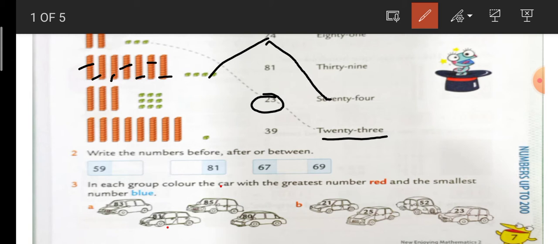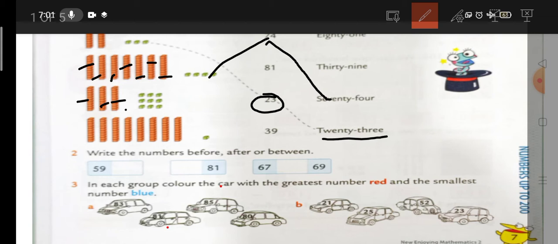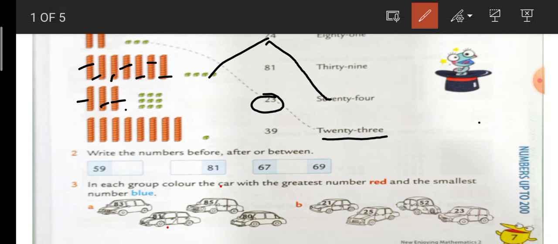Then next, now see over here, how many tens? 1 2 3. 3 tens, and if you count the ones, they are 1 2 3 4 5 6 7 8 9 ones.